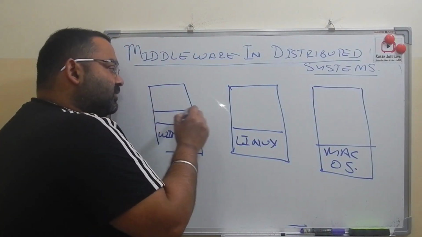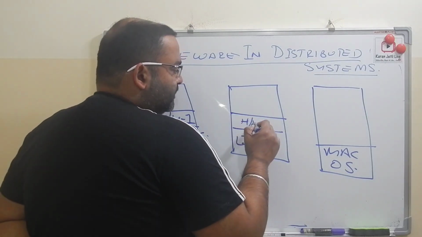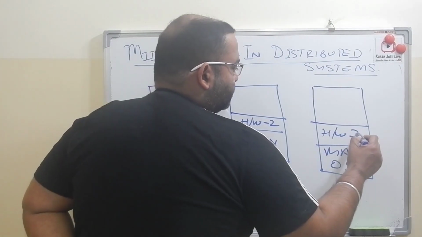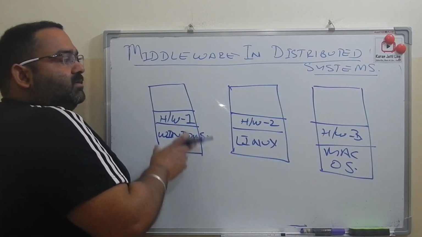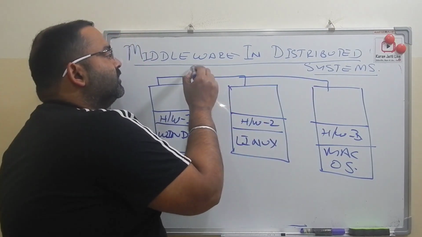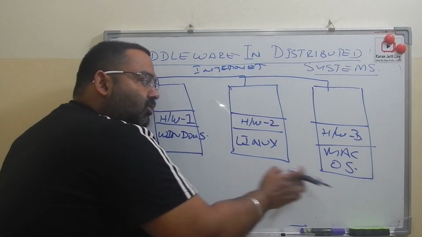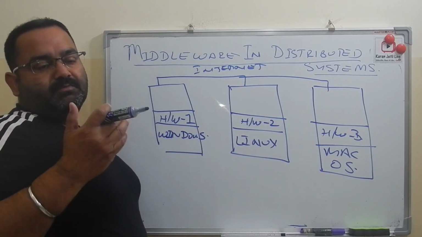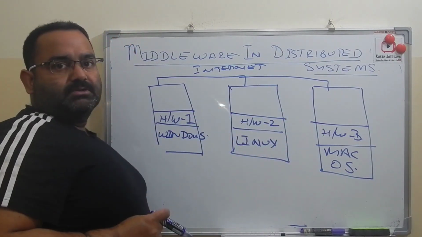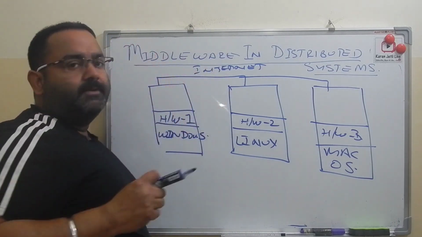The hardware can also be different: hardware 1, hardware 2, hardware 3. Now suppose all of them are connected together on the internet, and all of these computers are different from each other. They have different hardware and different operating systems. Still, they can all work together in a distributed system.